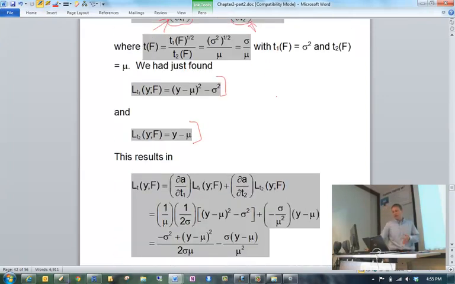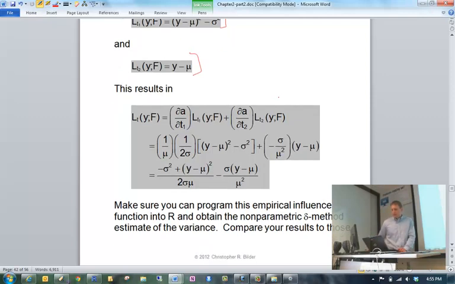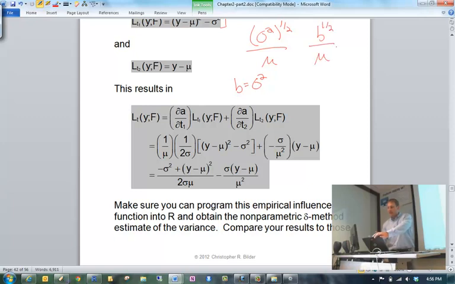Before, I had everything written in terms of the standard deviation. So I need to find the derivative of this. Just to make things easy, because it can get a little bit confusing, how about if I let b be equal to sigma squared? So in other words, I need the derivative with respect to b of b to the 1/2 divided by mu.